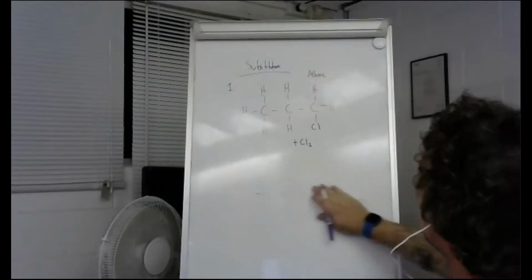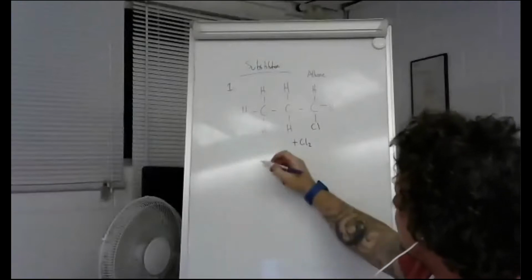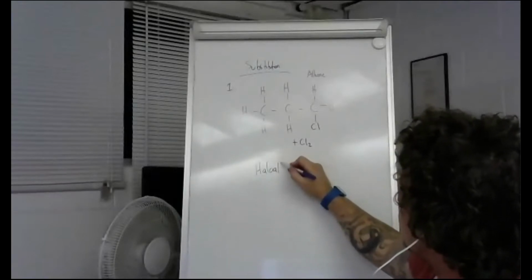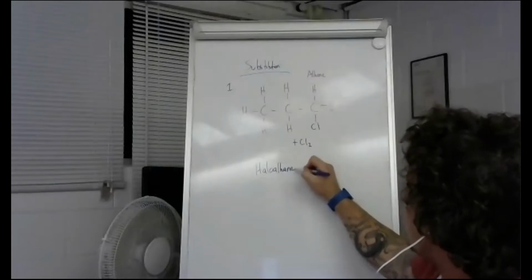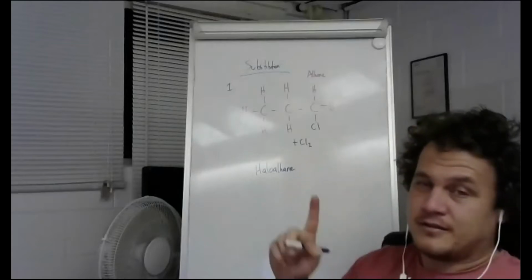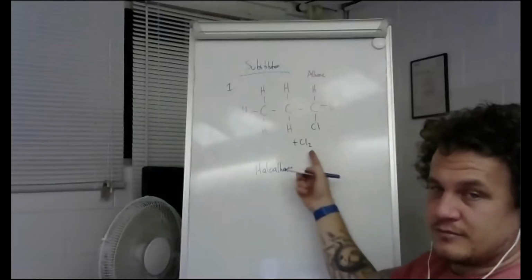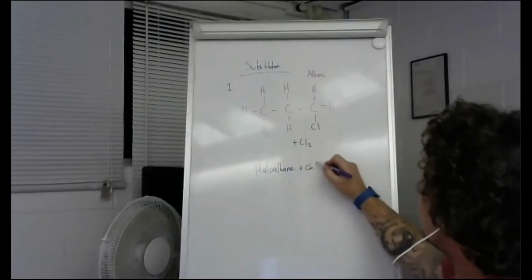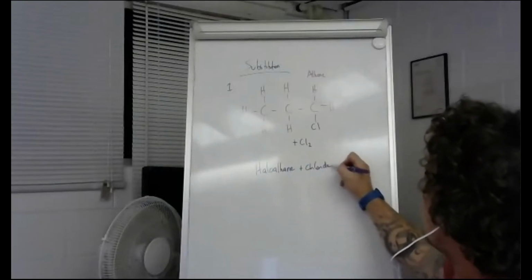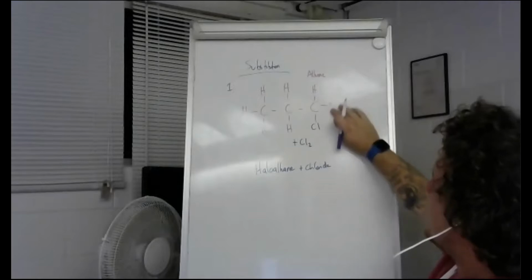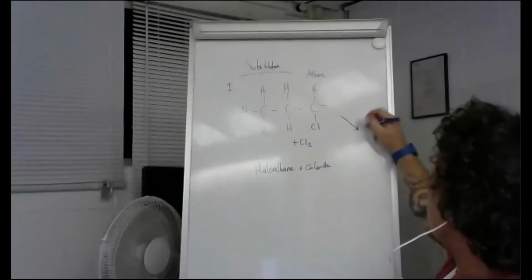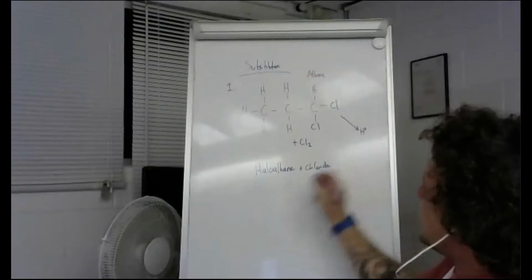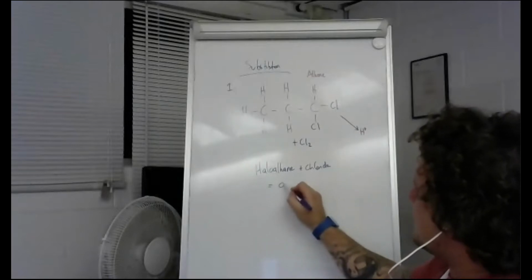So we add a halo alkane, and then we add chlorine again. The hydrogen gets kicked off because it's less reactive than the chlorine. We get a dihalo.